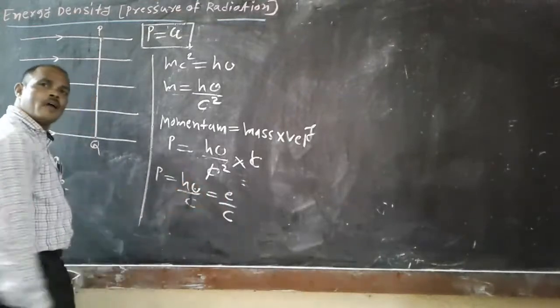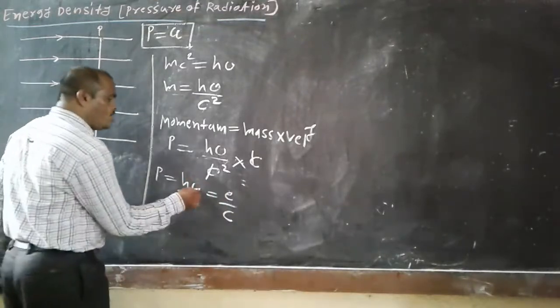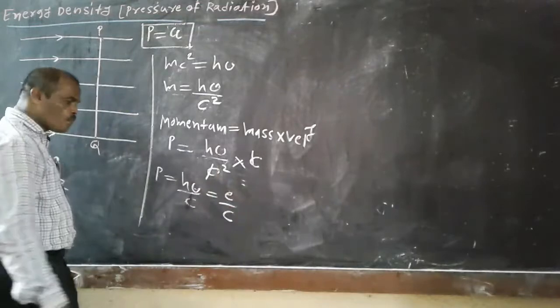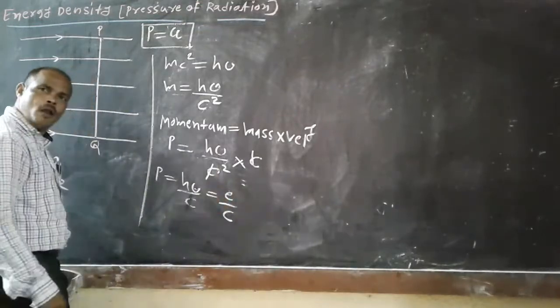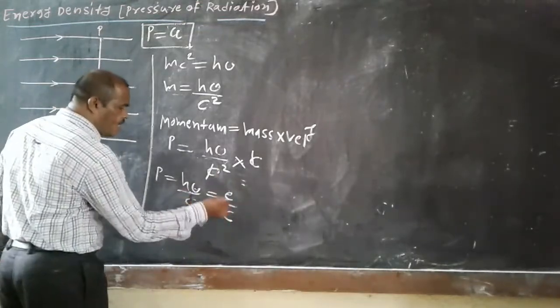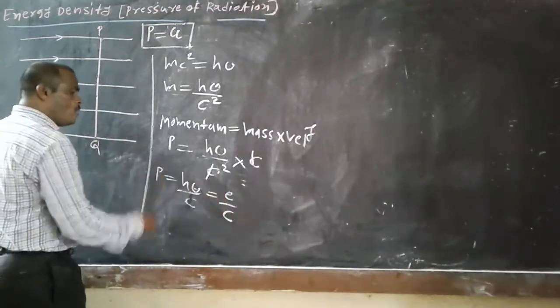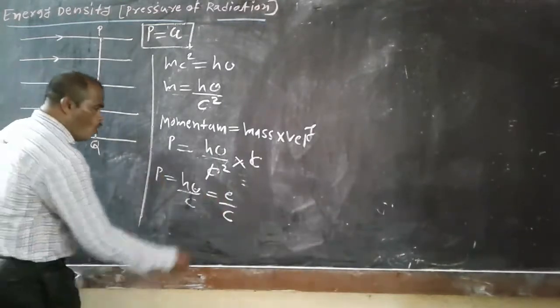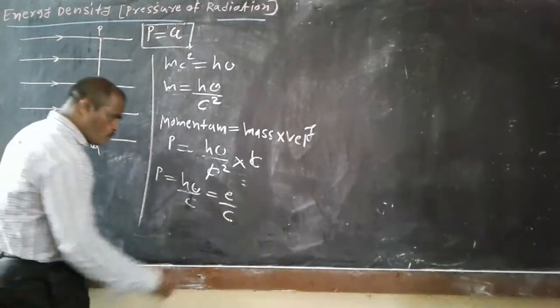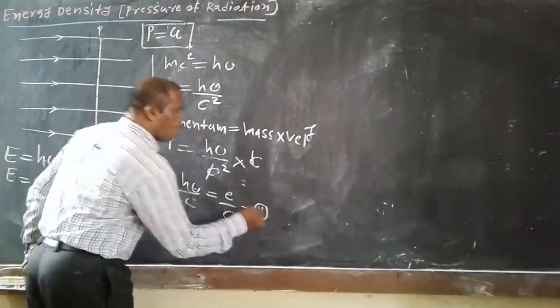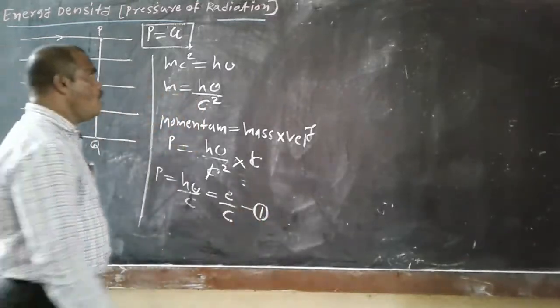So h nu can be written as E divided by c. So we get momentum P equal to E by c. Say this is equation 1.